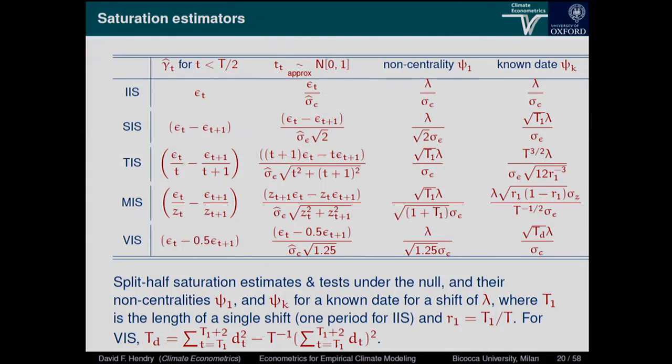If you did the other ones, you get epsilon t minus 1 minus epsilon t. With TIS, it's the same, but they're divided by t and t plus 1. With MIS, they're divided by the variable and the variable at t plus 1. And for what I've called the volcanic one, it's 1 minus a half, ignoring the little bits that go further.